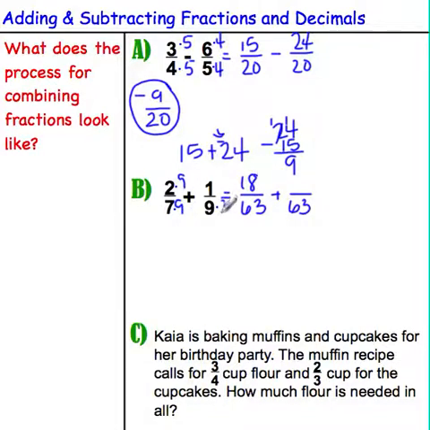And 9 times 7 is 63, so I'll take 1 times 7, which is 7. We add those two together, and we get 18 plus 7 is 25 over 63. And this, once again, we cannot simplify. It looks messy, but we're going to leave it.